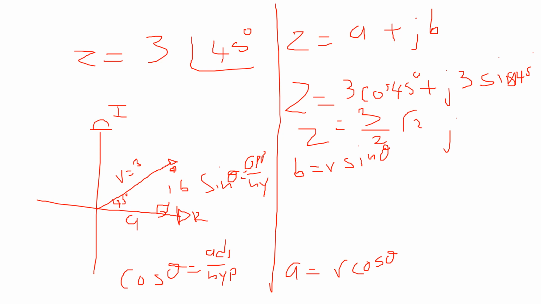Yes, it's the same, so it's going to be 3 over 2 square root 2. So that will be your final answer, which has a real part and an imaginary part.